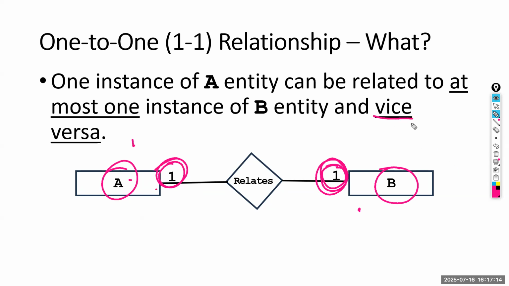Sometimes we just call it vice versa. So one instance of A is related with one instance of B and vice versa, meaning one instance of B is related with one instance of A. That is called a one-to-one relationship.